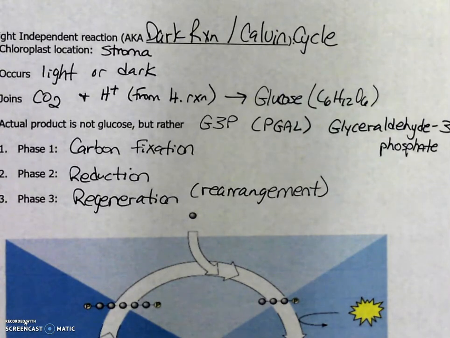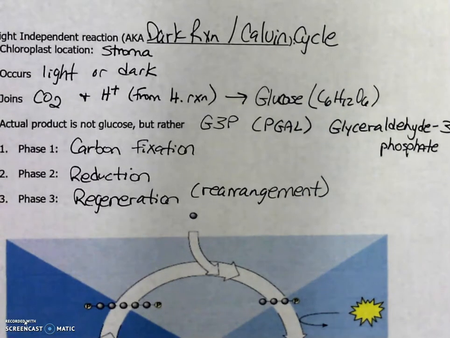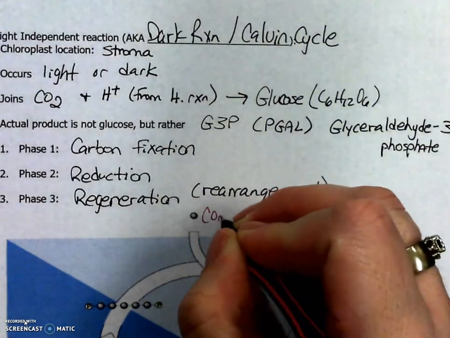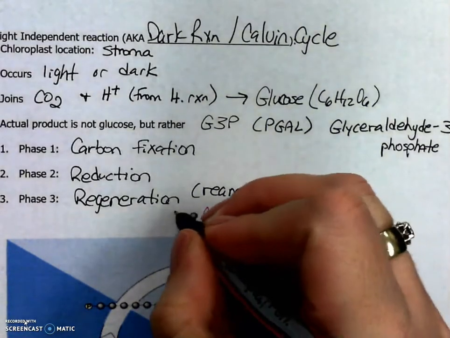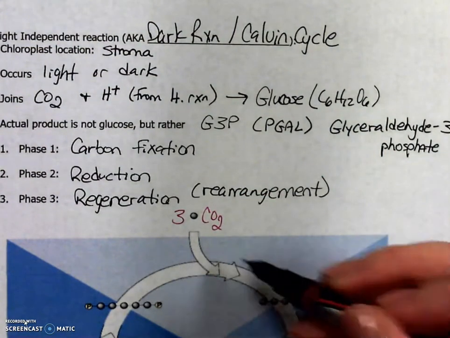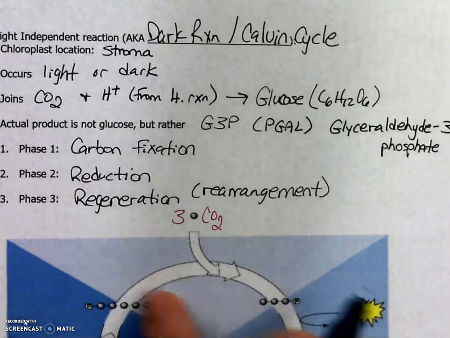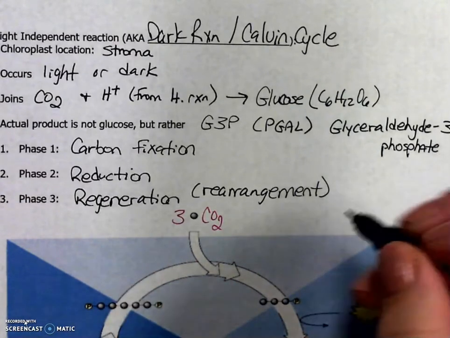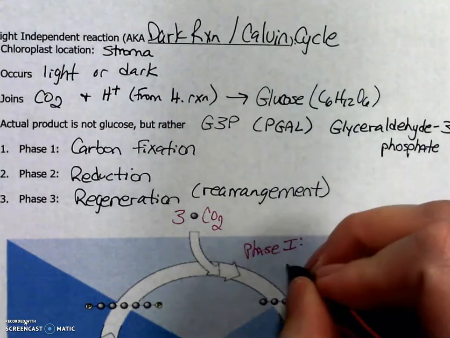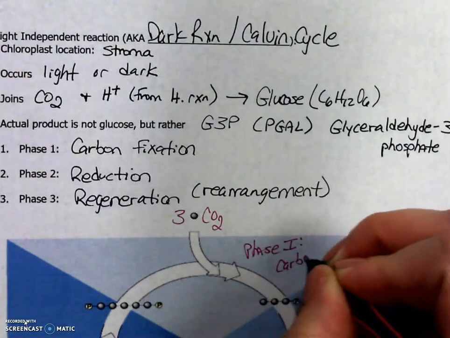So now if we look at the diagram below, this is a simplified version of one that we're going to do in a minute, but this is going to start out with this molecule, which is our reactant carbon dioxide. There are actually three of these that go into the Calvin cycle, and it is going to enter in this first triangle at the top here, phase 1, which is carbon fixation.